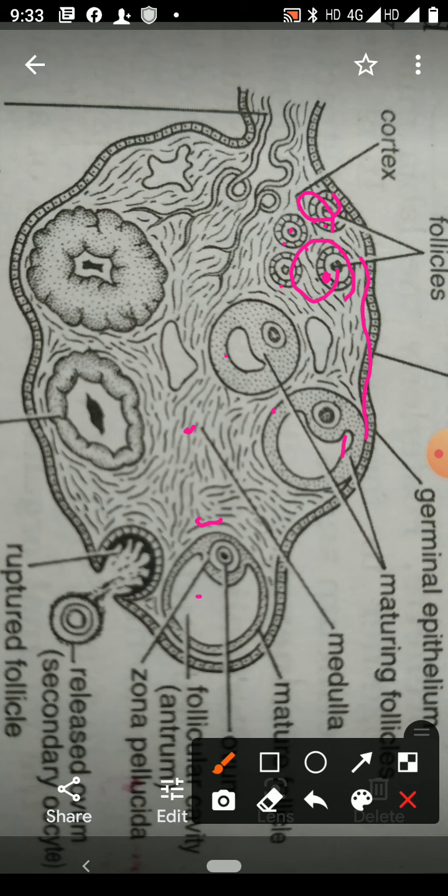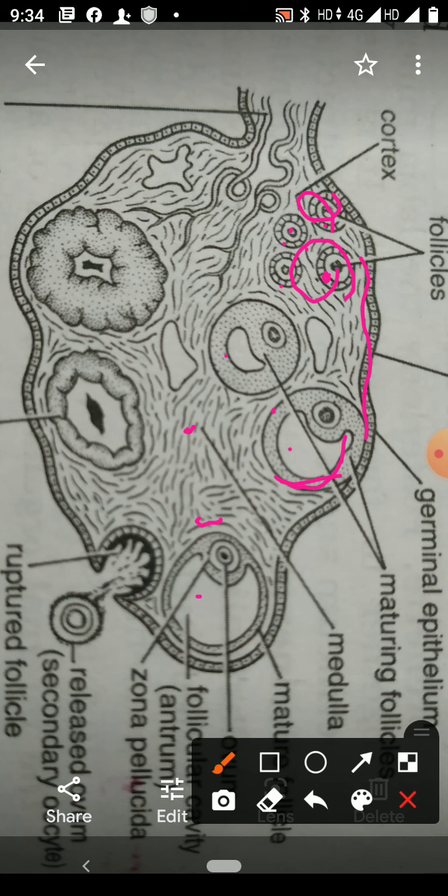So this is the development of new theca and follicular fluid. The theca layer gets organized into inner theca interna and outer theca externa.